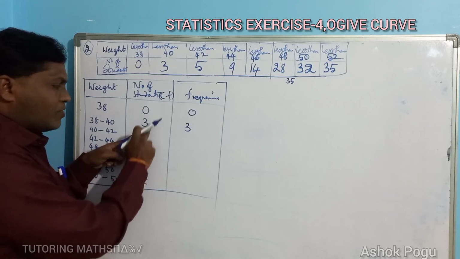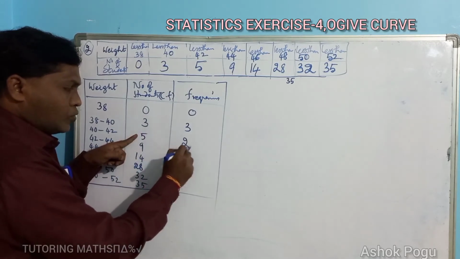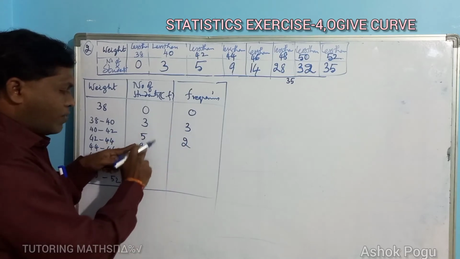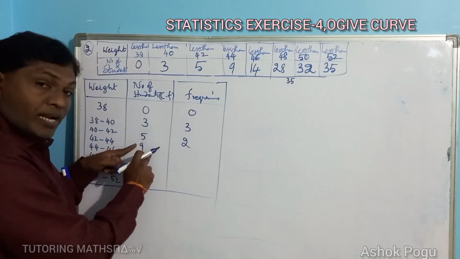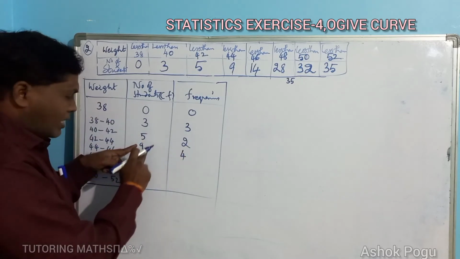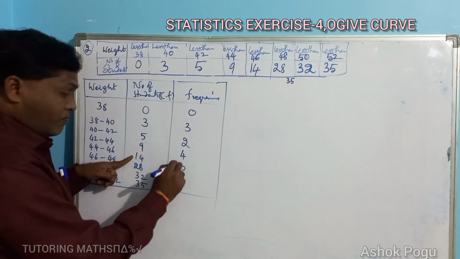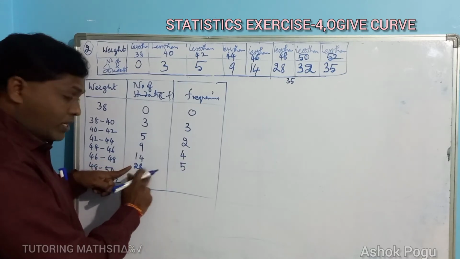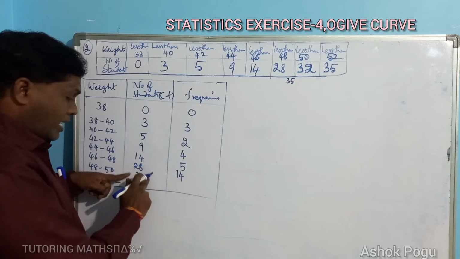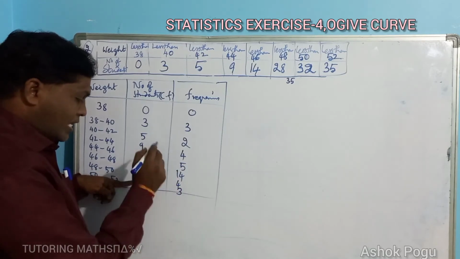What is the difference between 5 and 3? It is 2. And 5 becomes 9 when you add 4. Then 9 plus how much is 14? It is 5. And 14 plus how much is 28? It is 14. 28 plus 4 is 32, and 32 plus 3 is 35.